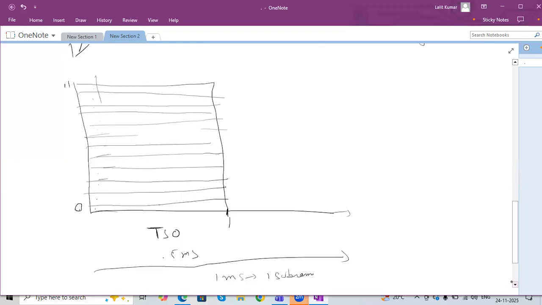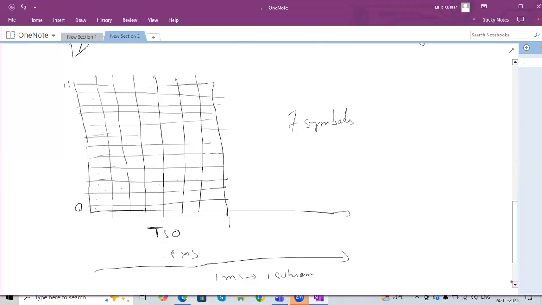1, 2, 3, 4, 5, 6, 7. So these are the 7 symbols. Are the 7 symbols in the frequency domain?